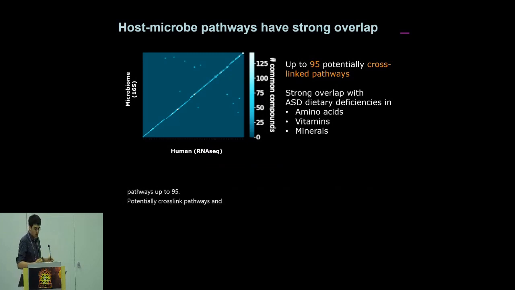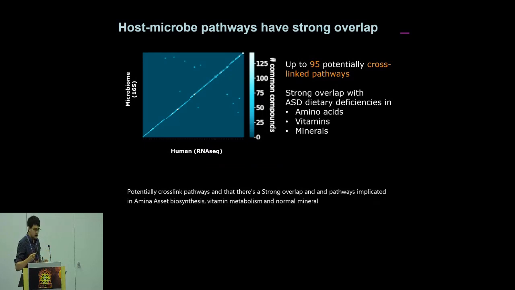And there's a strong overlap in pathways implicated in amino acid biosynthesis, vitamin metabolism, and mineral absorption, and this overlap is also seen when looking at the deficient dietary preferences in autistic children, that they tend to be deficient in amino acids, vitamins, and minerals.